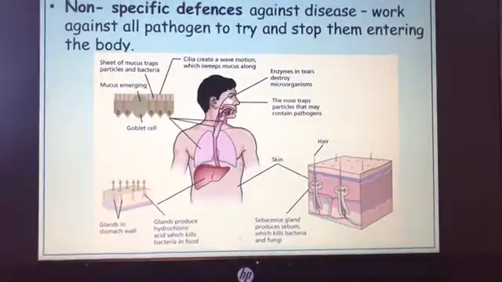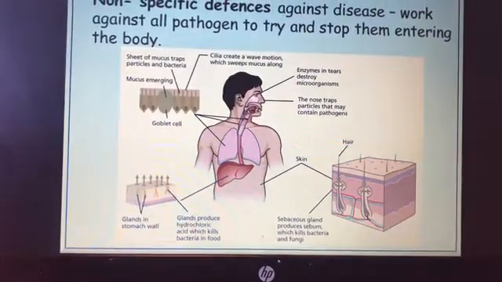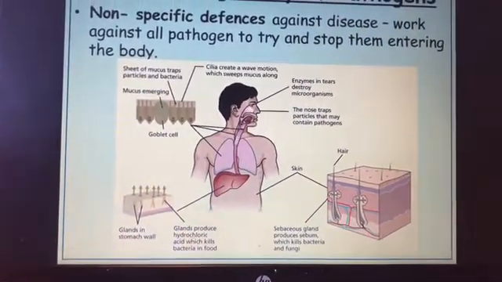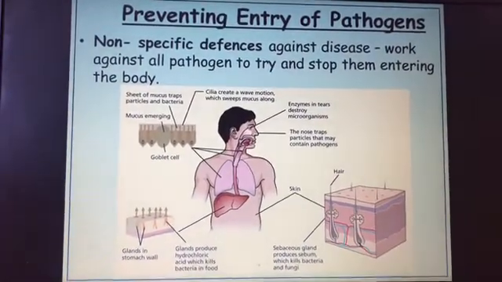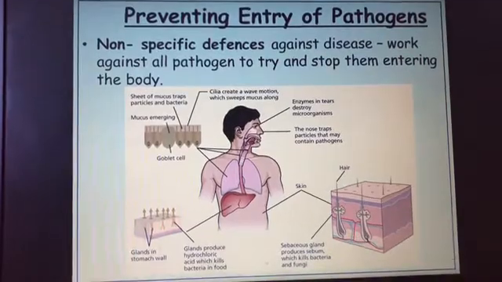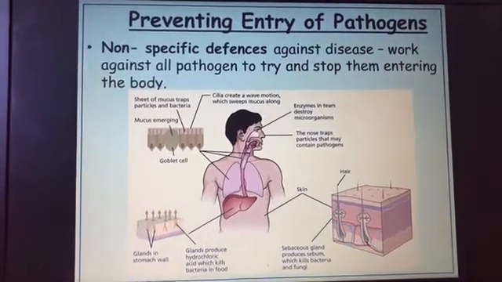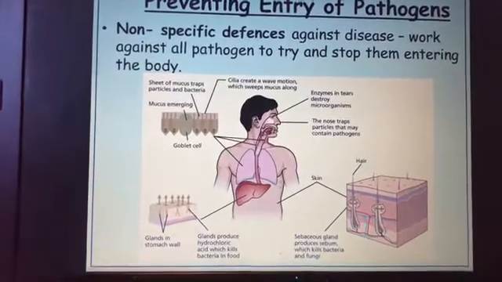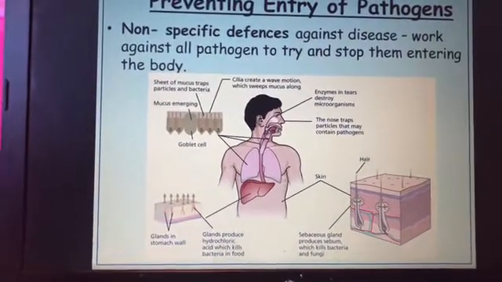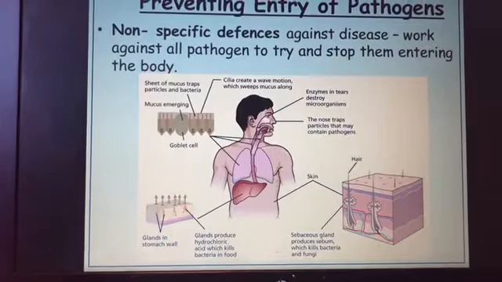Okay. Your skin is a barrier itself to any pathogens entering, but if you cut yourself, then your platelets in the blood would cause a blood clot or a scab to prevent any bacteria entering. You've also got enzymes called lysozyme in the tears, which destroy the bacterial cell walls.